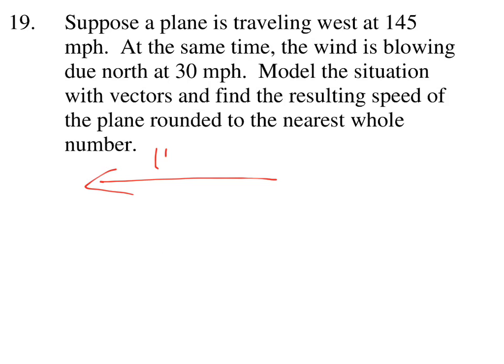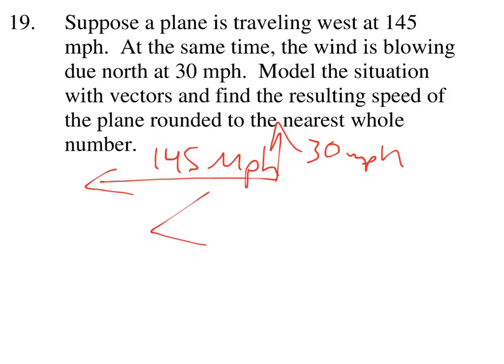That's going to be 145. And then going north, there's wind blowing north at 30 miles per hour. And so if I were to combine those together to make a vector, that'd be negative 145, positive 30, because I think west is a negative direction, and then north is a positive direction, so negative 145, 30.